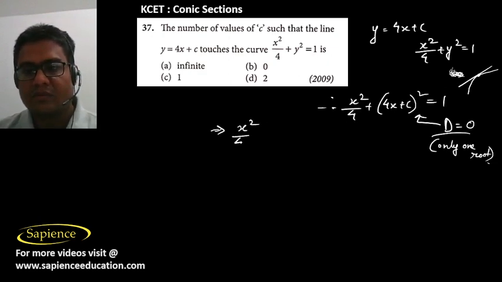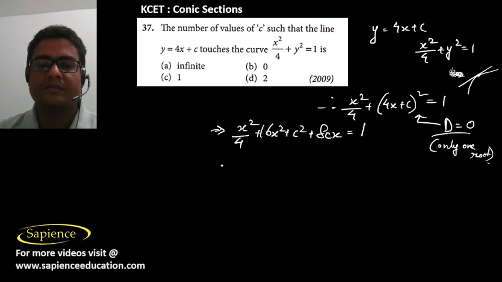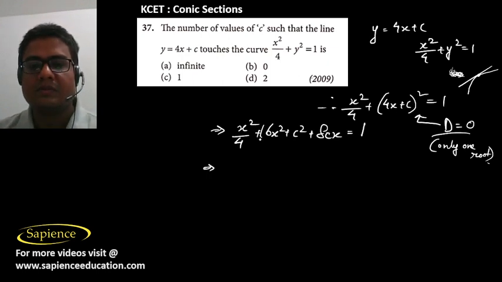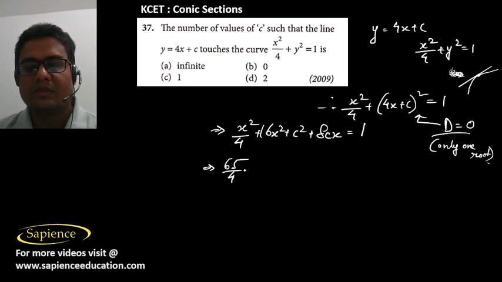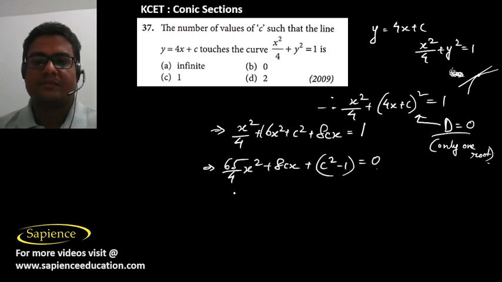Therefore, x square by 4 plus 16x square plus c square plus 8cx is equal to 1. So therefore 16 plus 1 by 4 means 65 by 4x square plus 8cx plus c square minus 1 is equal to 0.